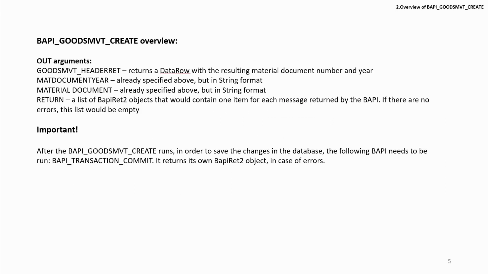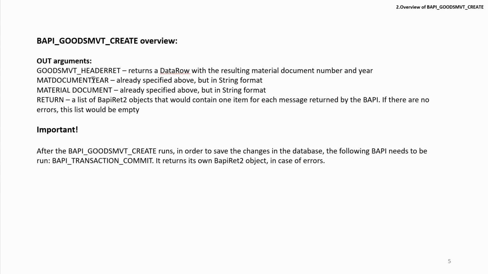So these were the in arguments. Now for the out arguments, what we get back from the BAPI, we get back a data row called goods movement underscore header red. It contains the material document number and year if the posting was successful.